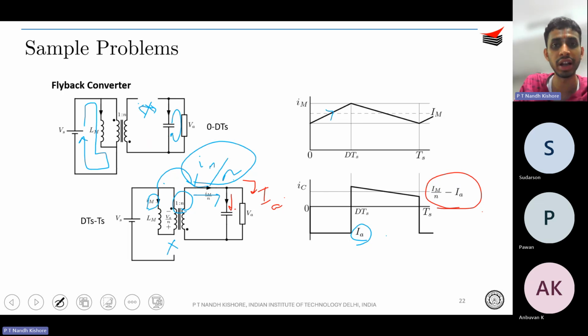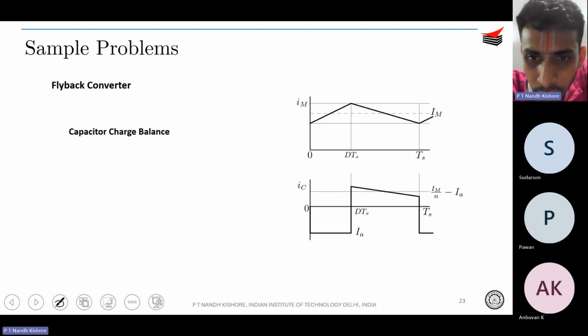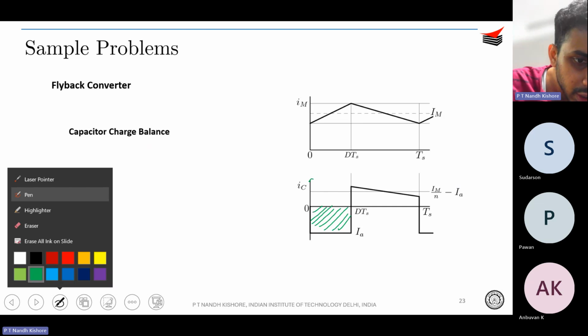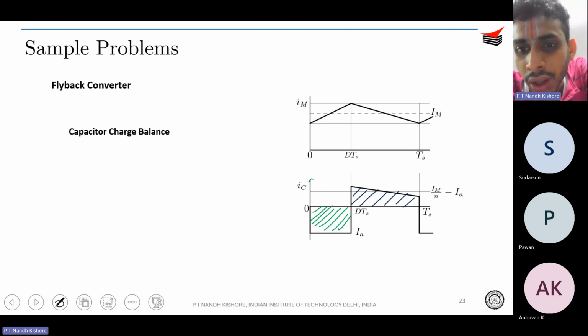It will not gain or lose any charge. That's the idea. So you apply that principle, which means that in this IC curve, this is the negative area and this is your positive area. The areas are going to be the same. Got it?